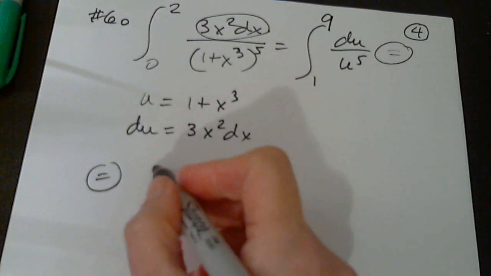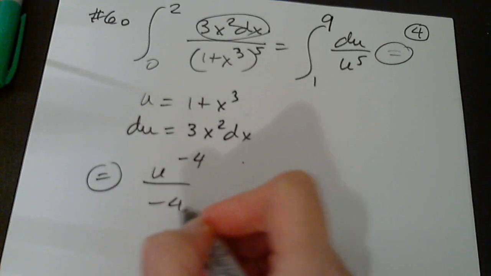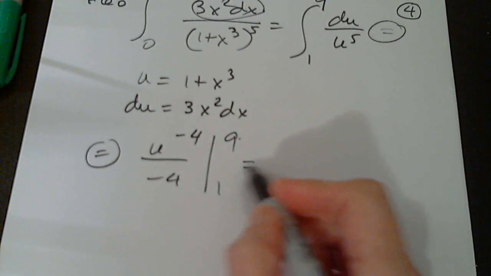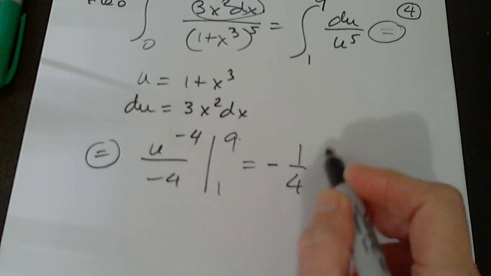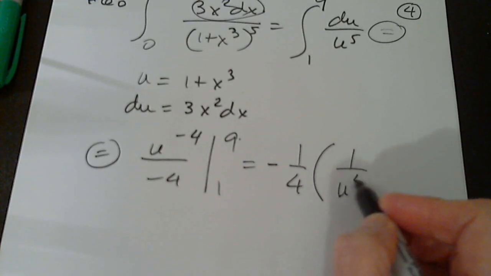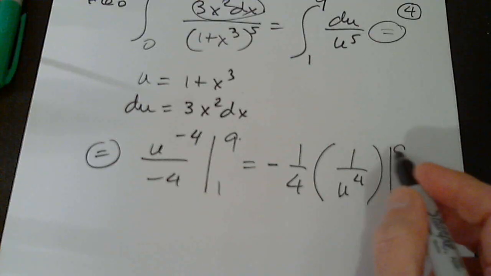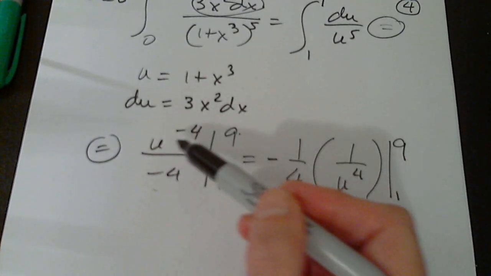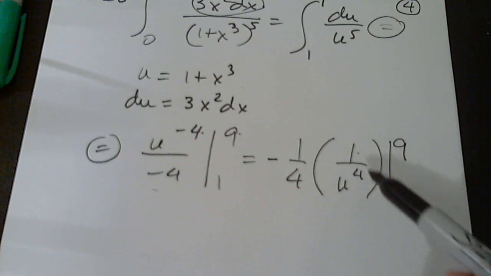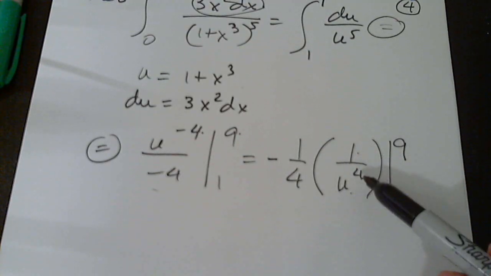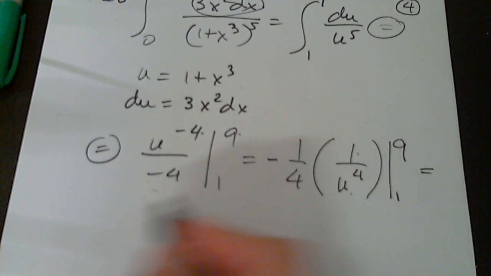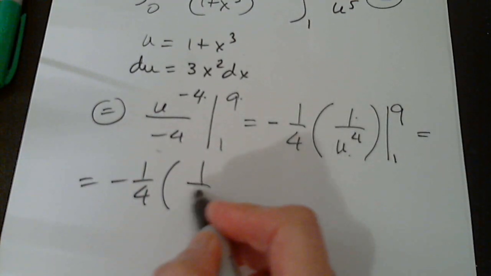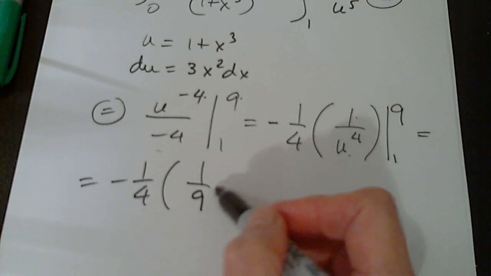U to negative 5. So u to negative 4 over negative 4 from 1 to 9. Simplify it in the following way. 1 over u to the 4th from 1 to 9. Leave the constant outside. Change u to negative 4 into 1 over u to the 4th. And then negative 1/4 again stays outside. 1 over 9 to the 4th power.